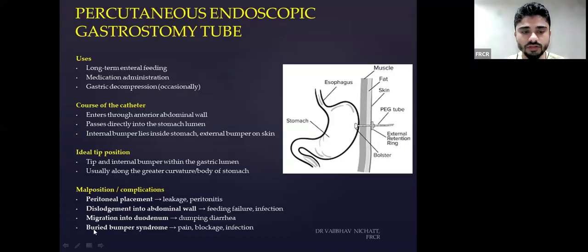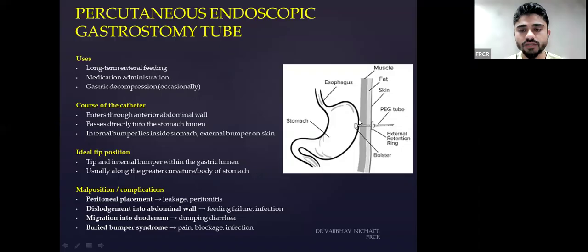Another complication is buried bumper syndrome. I told you there are internal bumpers and external bumpers. The internal bumpers keep the gastrostomy balloon inside the gastric lumen. As the name suggests, there will be a buried bumper, which means there is excessive tension. The tube is very taut and there is excessive tension.